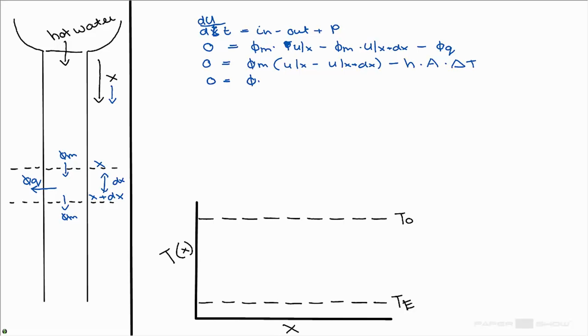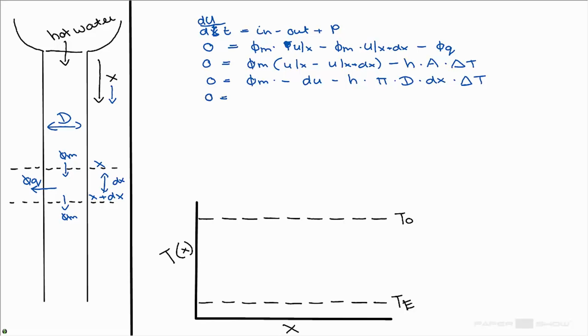Now I can sum this up and use a minus sign again, in differential form, and I can use pi times the diameter times dx for the area, since it is a pipe.